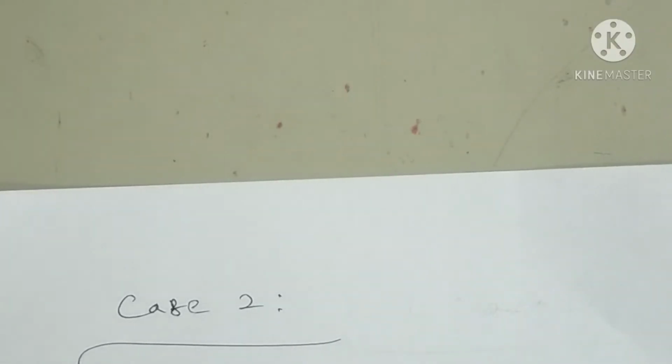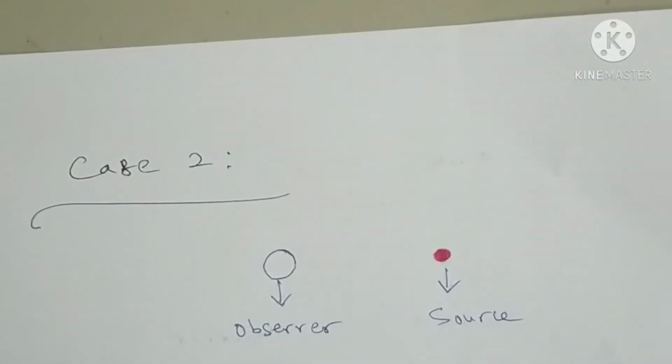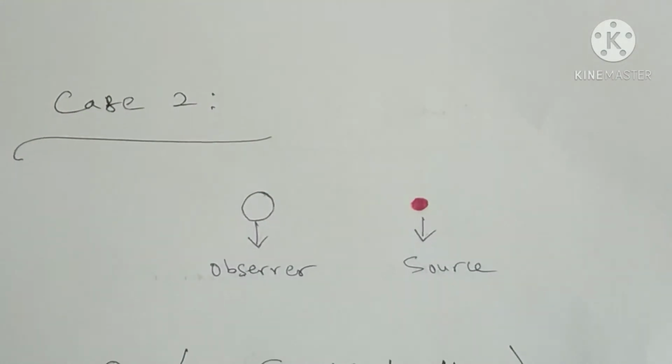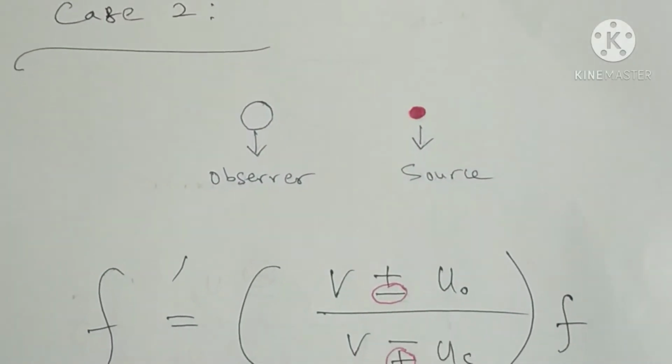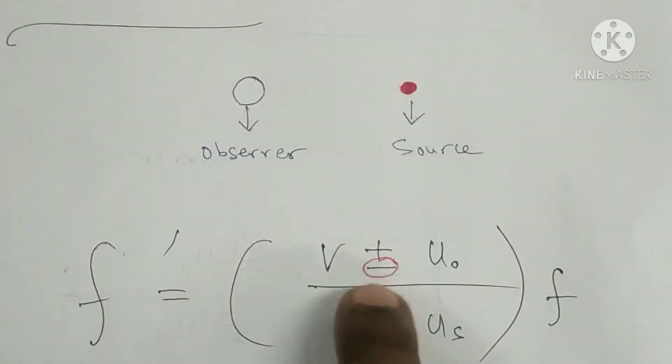For case 2, we are going to use the same technique that we applied in case 1. When the observer and the source are moving away, using the Doppler effect formula, we concentrate on the numerator again to determine the positive or negative sign.